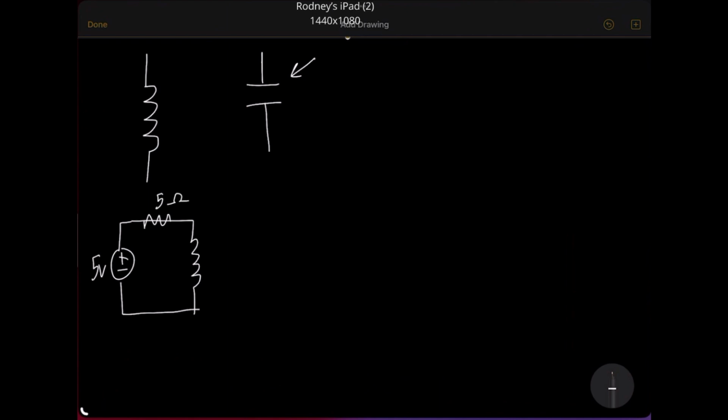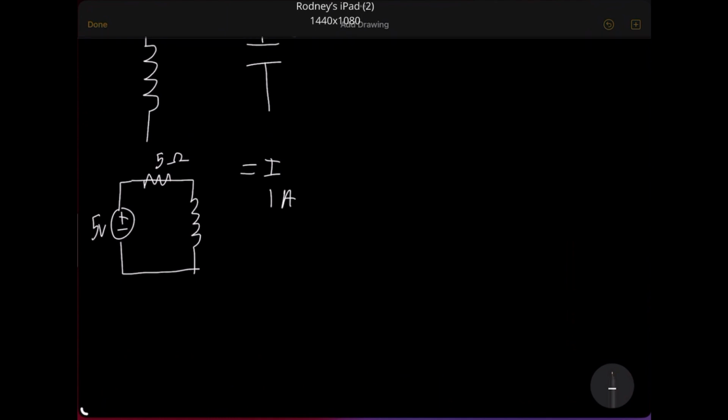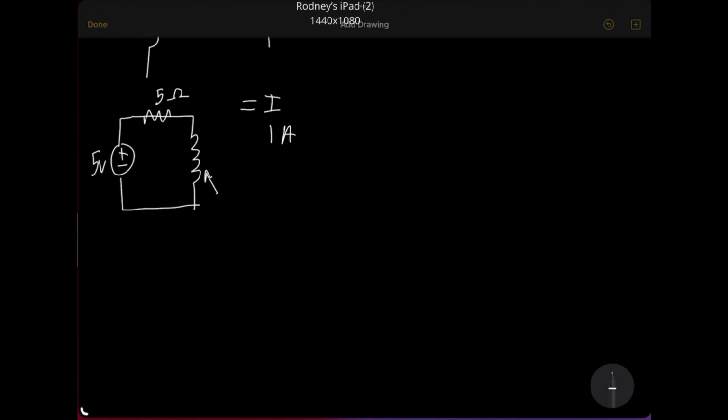We know that voltage is equal to R times I. So voltage divided by resistance will give us current. So that'll have a current of 1 amp. And as this circuit sits for a while, what this inductor does is it resists the change in current. If it sits for a long time, the current throughout the whole circuit will be the same. So it'll be 1 amp as it sits for a while.